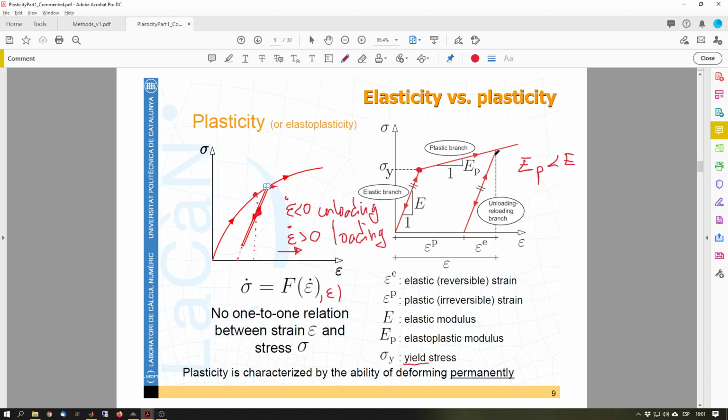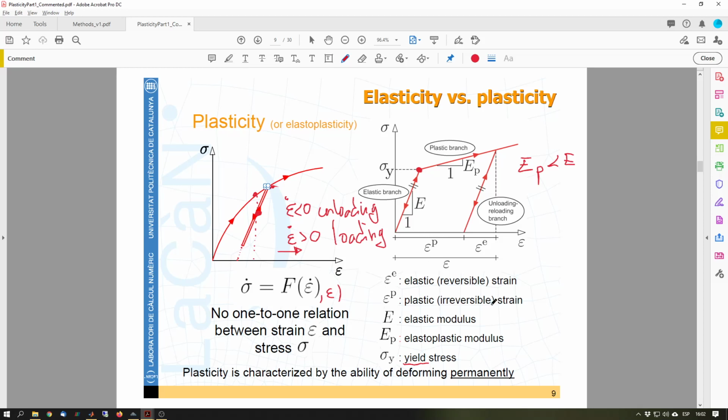If I keep going down to zero stresses, so I'm unloading my domain, with no loading boundary conditions and the boundary left free, I would then reach a given strain that we call the plastic strain.